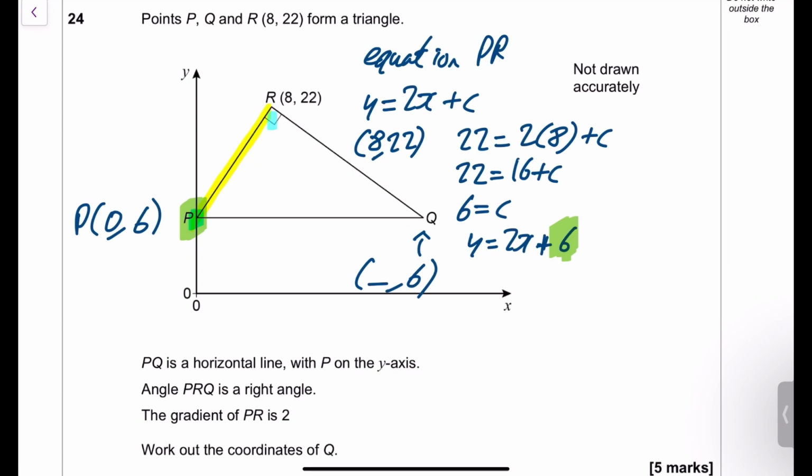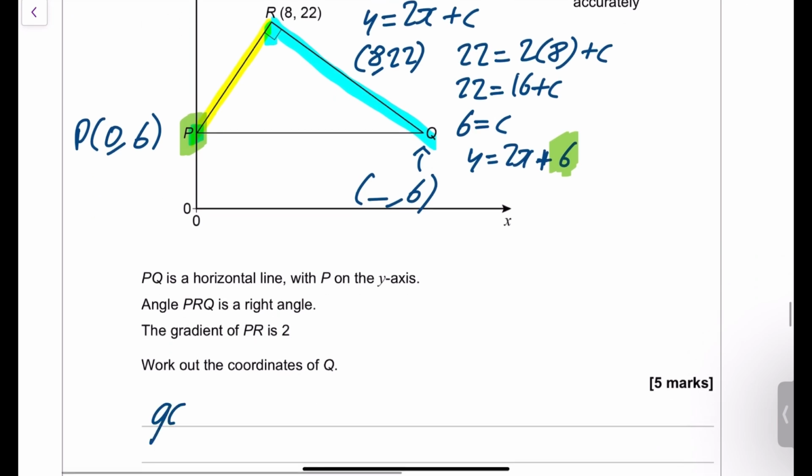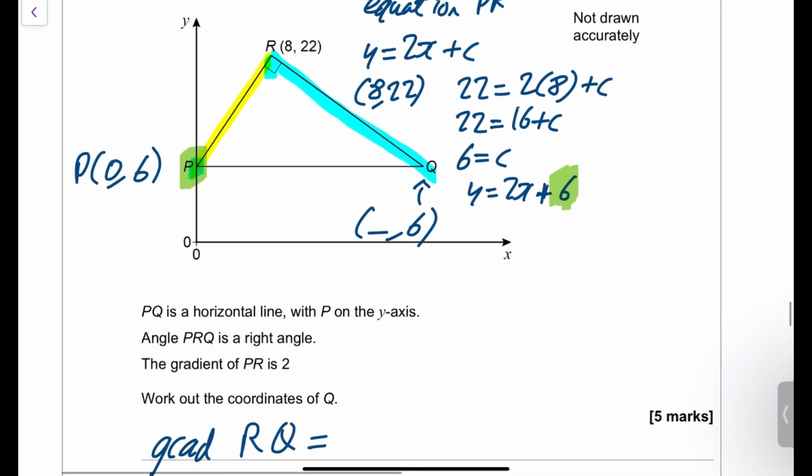Because this is a right angle here, that means your line RQ is perpendicular to PR. So I'm going to say the gradient of RQ is the negative reciprocal of 2. So that was your gradient 2. Could you write it as 2 over 1? Negative reciprocal. So flip it upside down, it becomes a half.